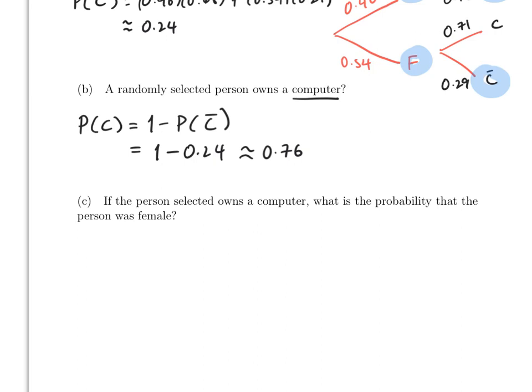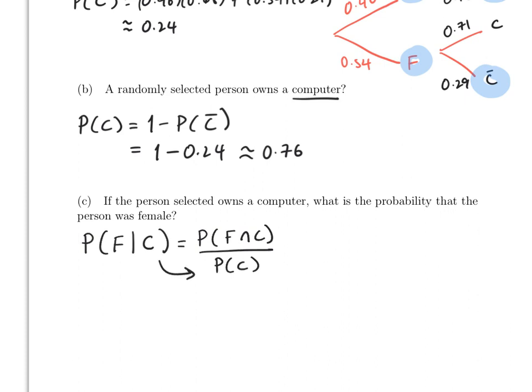Okay, now in part C, this is where you're going to need the conditional formula. The question is telling you that if a person owns a computer, what is the probability that the person is female? So this is female and computer. If we use the conditional probability formula, remember that this one goes down. Now you know this, and this you can get from the tree.